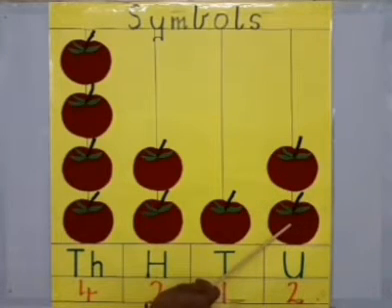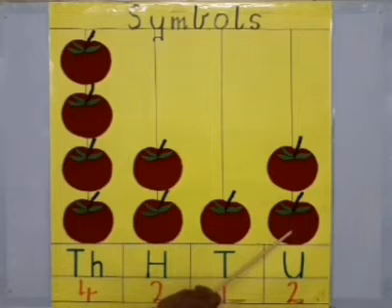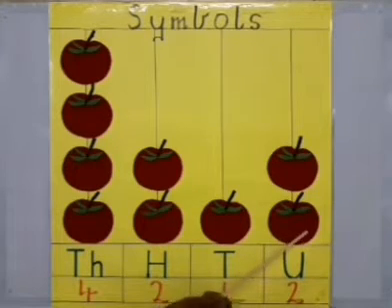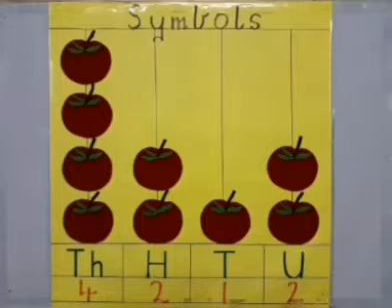And as you know, children, units are single digits. So 2 tomatoes. So I will write the number 2. Now I will read the number. It is 4212. It is a 4-digit number.